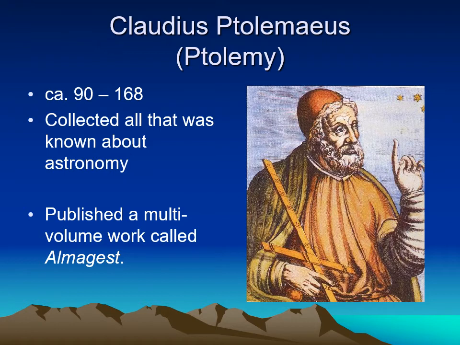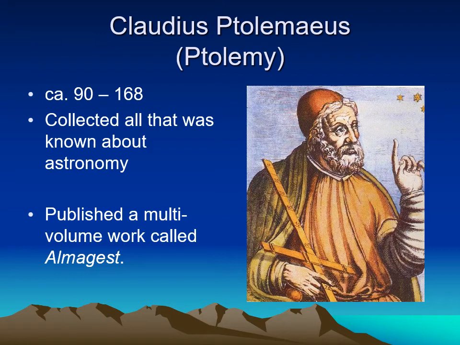Retrograde motion really messed up our understanding, or at least the ancients' understanding of the sky, because they were having a difficult time explaining that. Along comes an astronomer living about 100-something AD, Claudius Ptolemaeus, or we generally refer to him as just Ptolemy. He was a Greek astronomer who lived in Alexandria.